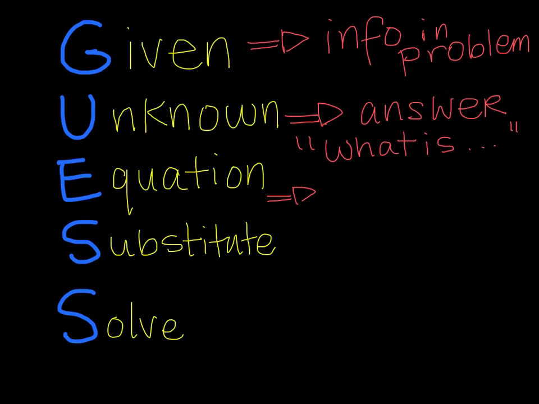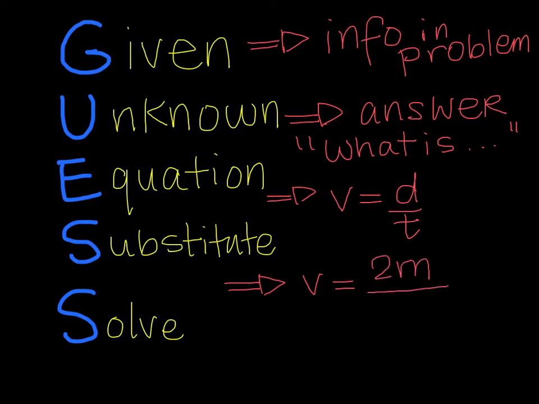So for instance, if we're doing speed or velocity, that is velocity equals distance over time. So that is our equation. And then to substitute it in, you would take, let's say, velocity, and it's 2 meters is our distance, and our time would be 4 seconds.